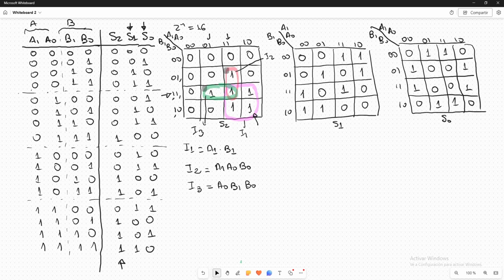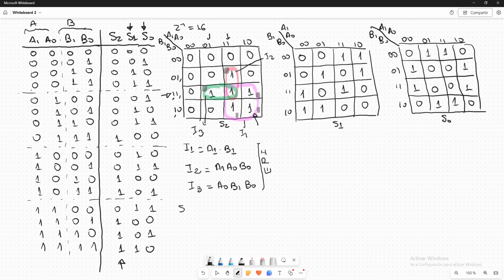This one is another distinguished cell. And these ones are as well distinguished cells because they are covered only by implicant 1. So the 3 of them are essential prime implicants because the 3 of them are covering distinguished cells. So all of them are essential prime implicants.